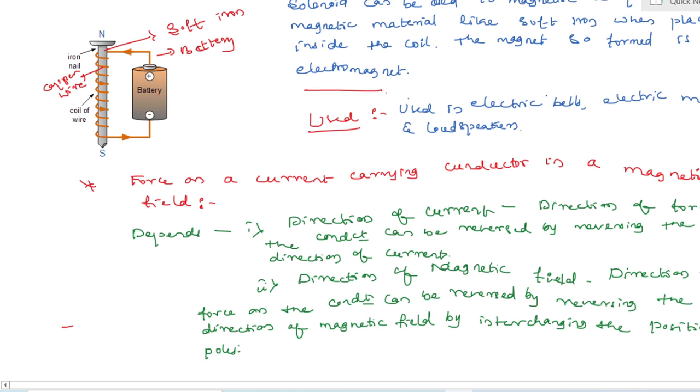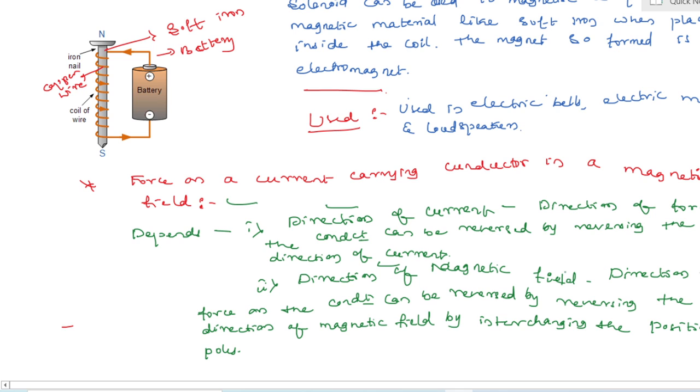Yes, my dear students, force on a current carrying conductor in a magnetic field, what does it define? First one, direction of current, and second one, direction of magnetic field. Direction of current means a direction of force on the conductor can be reversed by reversing the direction of current. How is the direction of magnetic field defined?